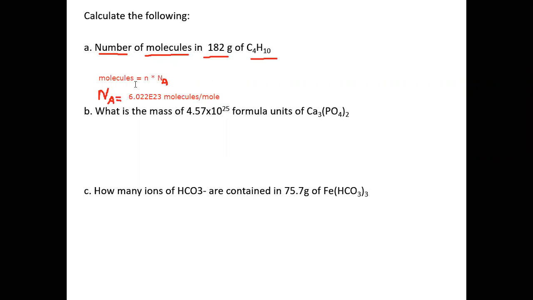Now in order to calculate molecules, we need the moles and Avogadro's number. But you see here we have mass. So we need to go from mass to moles. So moles equals mass divided by molar mass. And so we know the mass is 182 grams. The molar mass is equal to 4 times 12 plus 1 times 10. This equals 58 grams per mole.